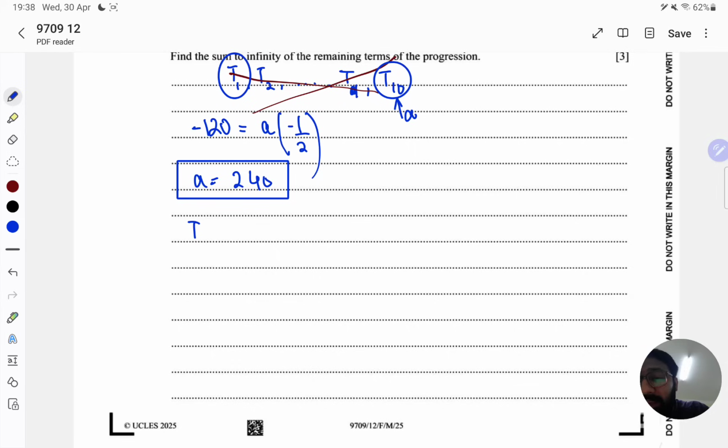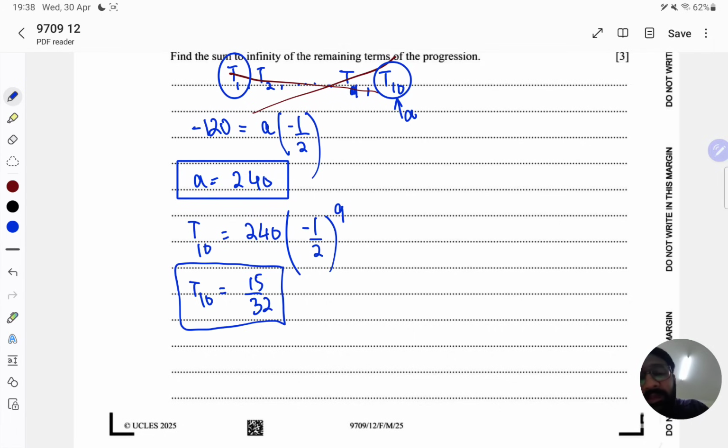So T10 will be equal to 240 bracket minus 1 by 2 to the power of 9. So 240 into 0.5 to the power of 9, which gives T10 as minus 15 by 32.